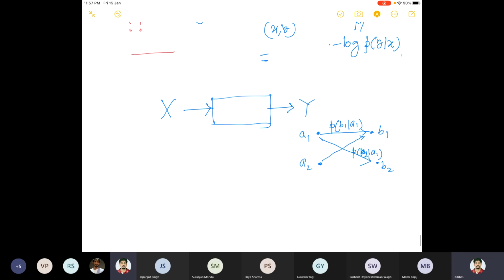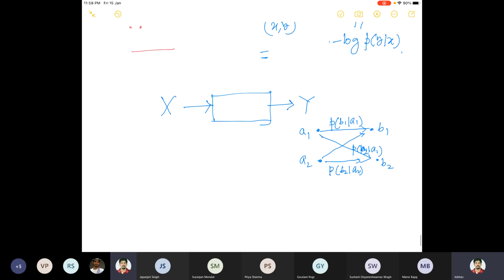Similarly, I can have this one. This will be the probability of getting B2 when A2 is sent, and this is the probability of getting B1 when A2 is sent.